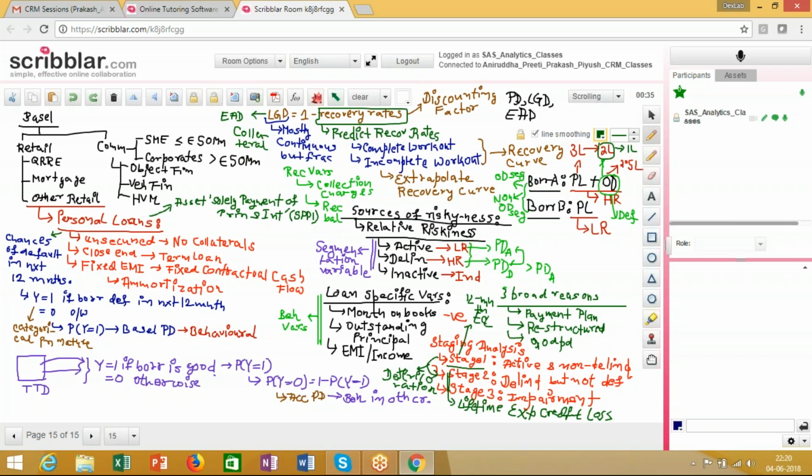When you try to keep aside capital, I have to always do it within the next 12 months loss, because I am doing the capital reservation on the next 12 months loss basis. This is the reason why Basel looks into the next 12 months loss, whereas IFRS 9 looks into the lifetime loss and the next 12 months expected credit loss as well.